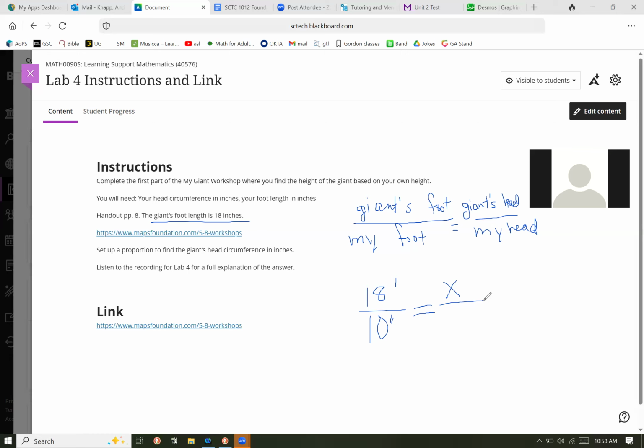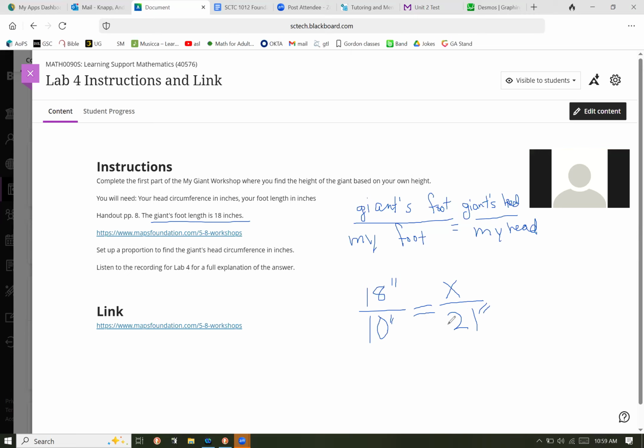So giving me 12 plus 9 inches. So that would be 20 inches for my head circumference.